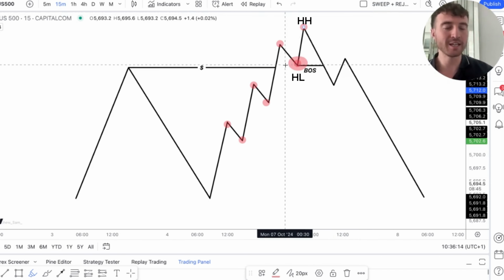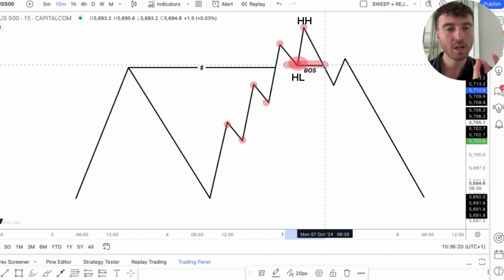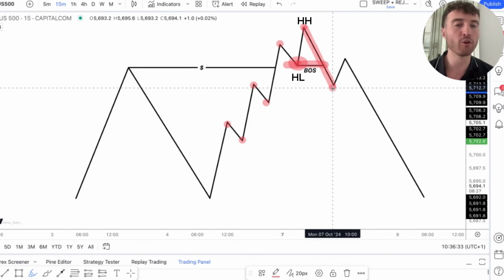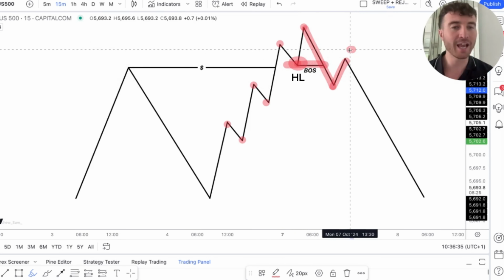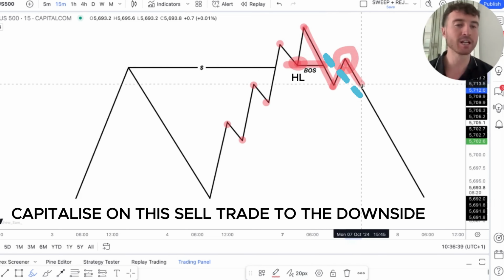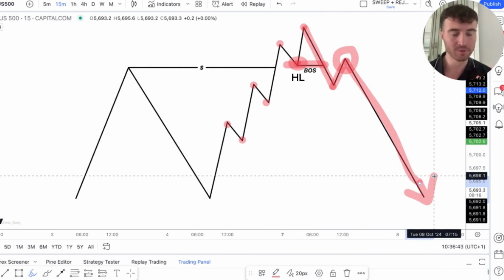What you want to see is a break of structure below the most recent higher low. I'm just going to repeat that: you want to see a break of structure below the most recent higher low. Once we see that break of structure, we look for a pullback and an entry right here, and then you can look to capitalize on this sell trade to the downside.